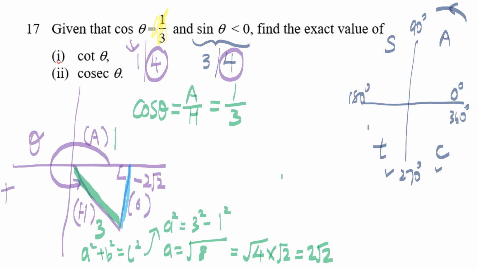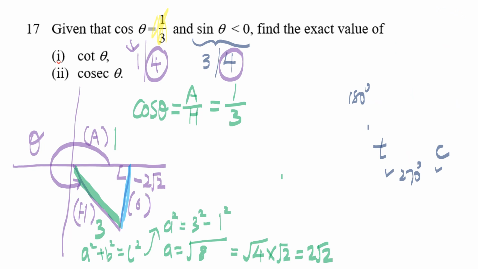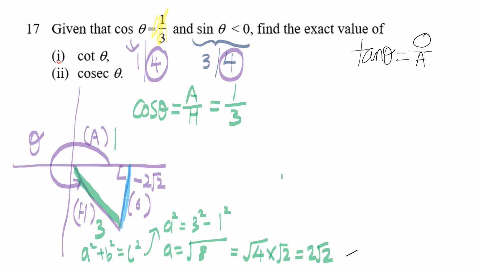So from there, tangent theta. Okay, maybe I'm going to erase this, we don't need this one. All right, so we can find tangent theta, tangent is O over A, and that will give us opposite, negative 2 square root 2, adjacent is 1, so tangent theta is negative 2 square root 2.